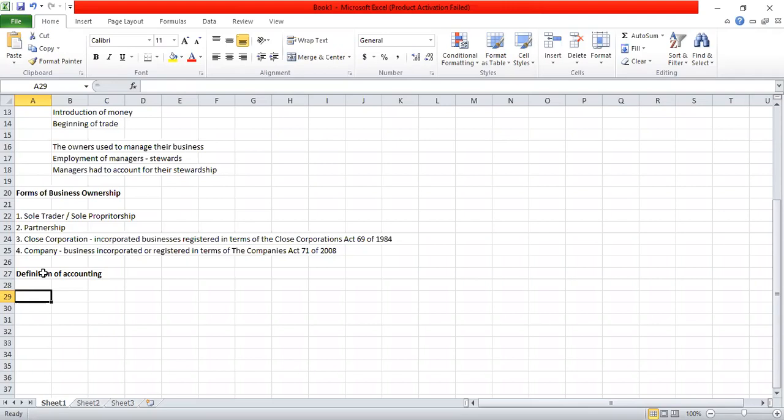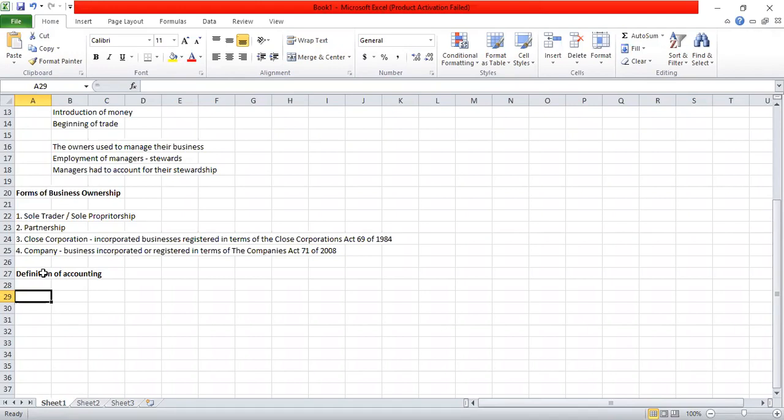Then after that, we have the recording of those transactions. They now have to be recorded in what we call the books of accounts. After being recorded, they have to be reported to what we call the users of financial statements. Right.